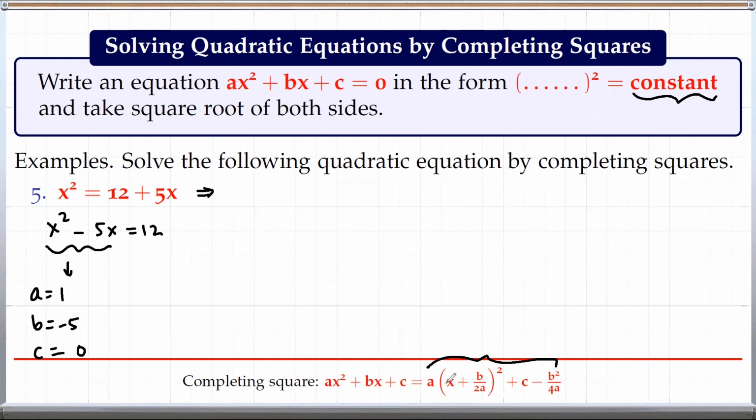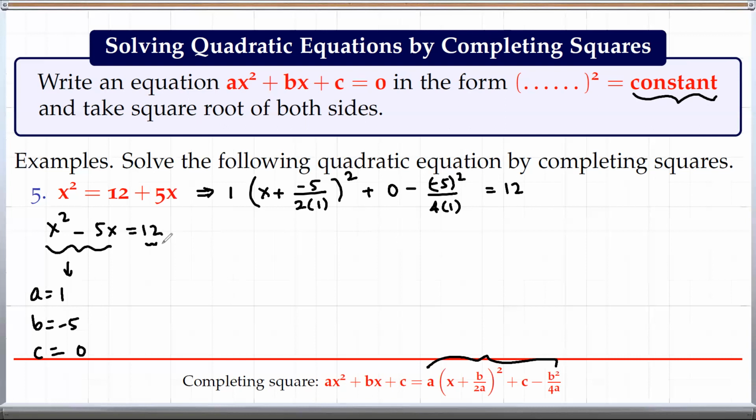So we get a, which is 1, times x plus b by 2a squared. So x plus b is negative 5 by 2a, 2 times 1, plus c is 0, minus b square is negative 5 square over 4a, 4 times 1, equals 12 on the right side.